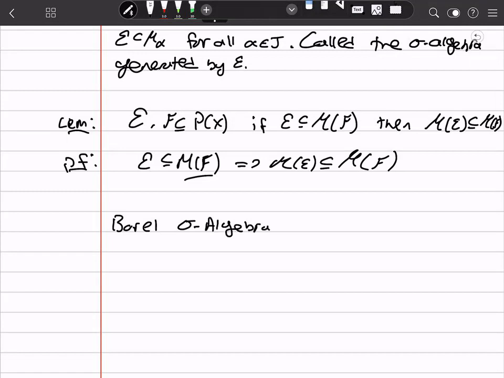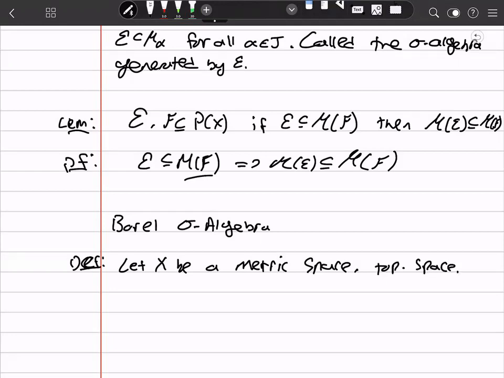So this comes from if we have a metric space. Let X be a metric space, or more generally, a topological space.